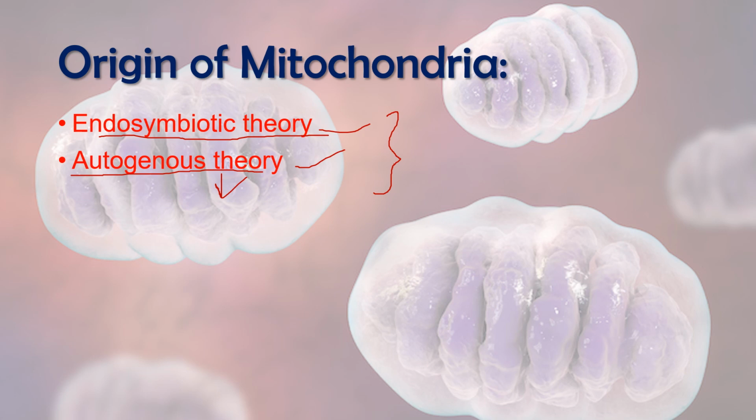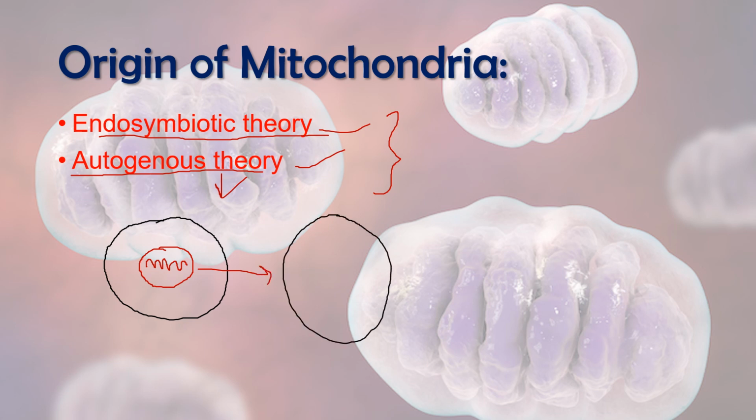Suppose this is an ancestral eukaryotic cell, having a nucleus which encloses genetic material, DNA. What does the autogenous theory say? It says there is a splitting of some part of the DNA.